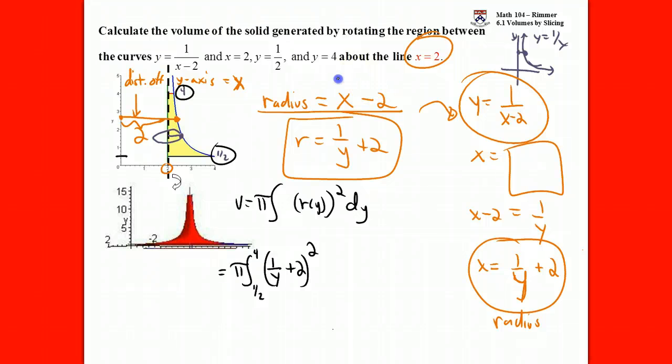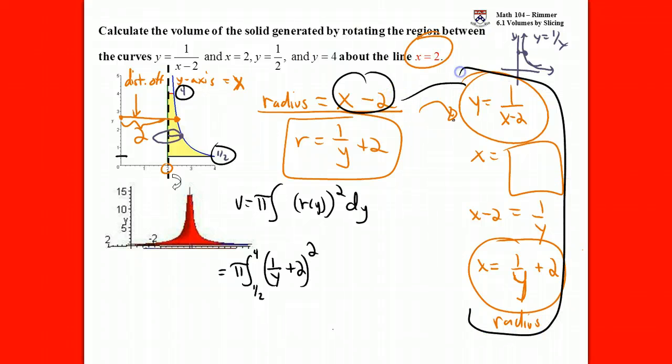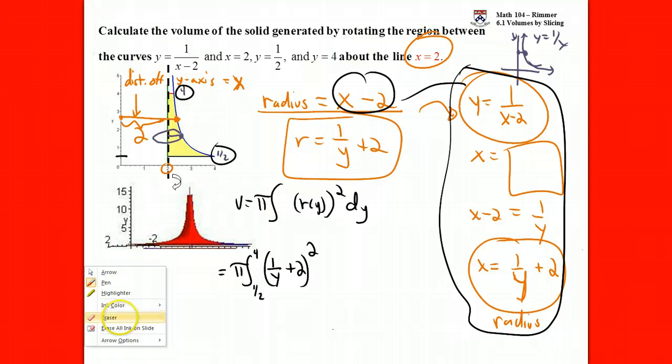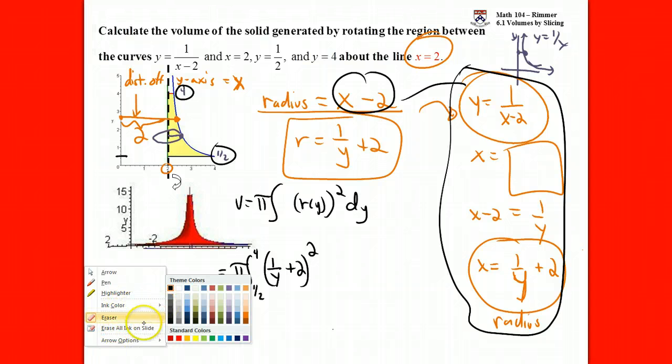Okay. Yes, this was minus 2, but here's how we go and figure out what we just got. See what I'm saying? Yes, it was minus a 2, but then what happens was that we needed to later take a... Oh, wow, look at that. Never took into account the minus 2. Whoa. y equals this, so x equals that. So x minus 2. Oh, yeah, how about that? So it's just 1 over y. Oh, that's convenient, right?